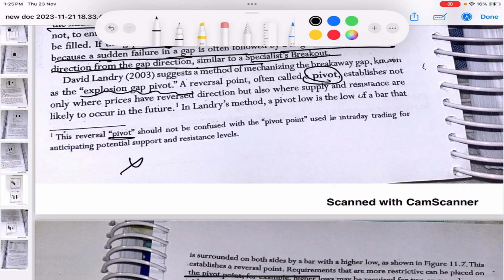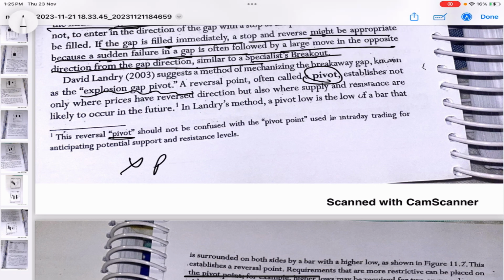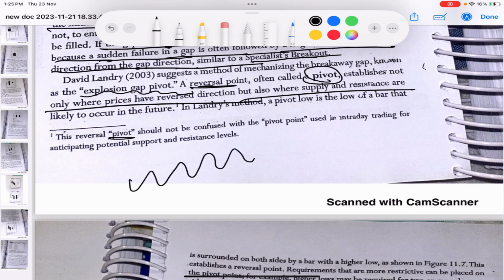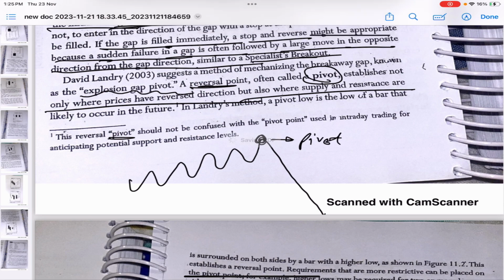Here they are not referring to pivot points, they are referring to pivots. What is a pivot here? Pivot is basically a reversal point. A pivot is basically where the prices have reversed. For example, if my price has been going up and from here it went down, so this is my pivot. That is what they are referring to.